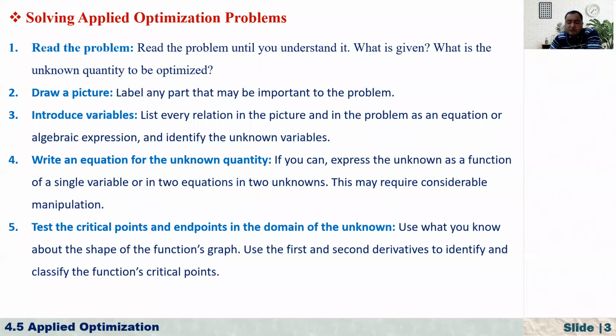Read means not just reading the problem. How should we read this? We should just scan. Scan means read it quickly. You don't have to understand every word in the problem. When you just read quickly, you have some kind of general idea about the problem, right?